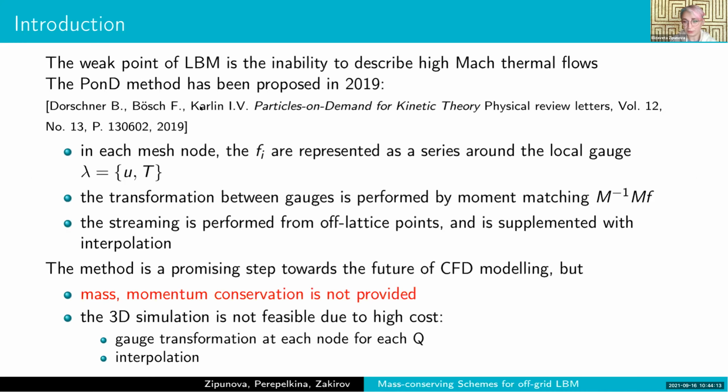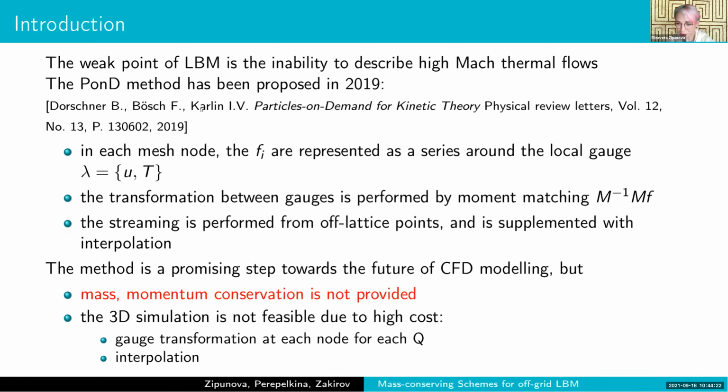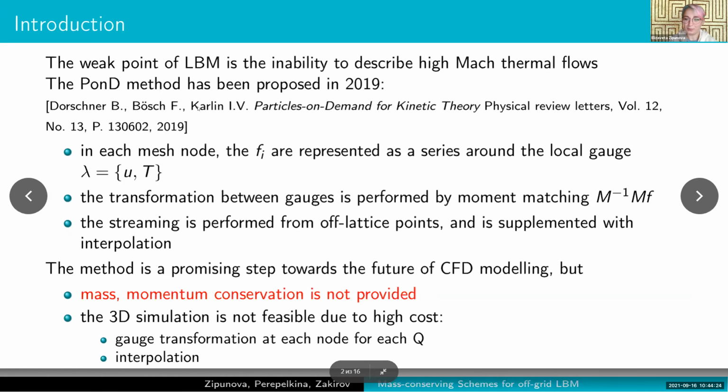The streaming is performed from off-lattice points and is supplemented with interpolation. The method is very promising, but it has some flaws. There is no mass and moment conservation, and the 3D simulation is not feasible due to high costs.